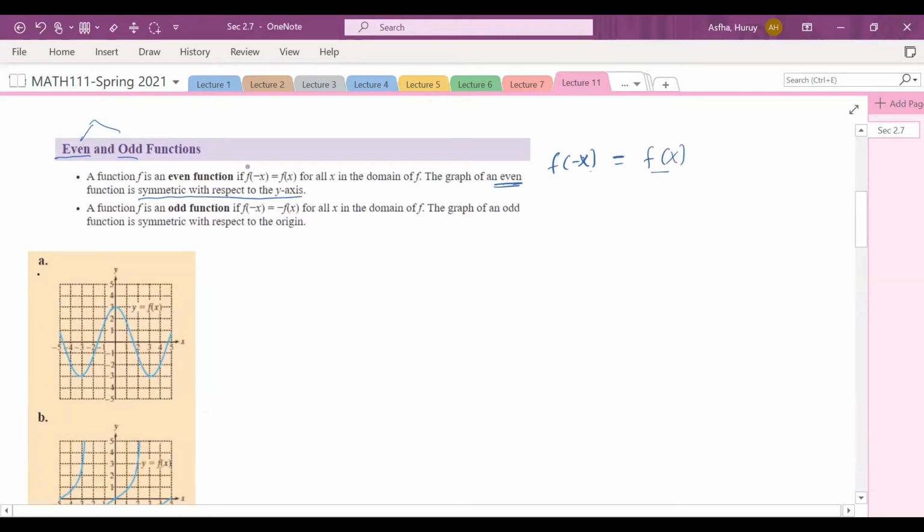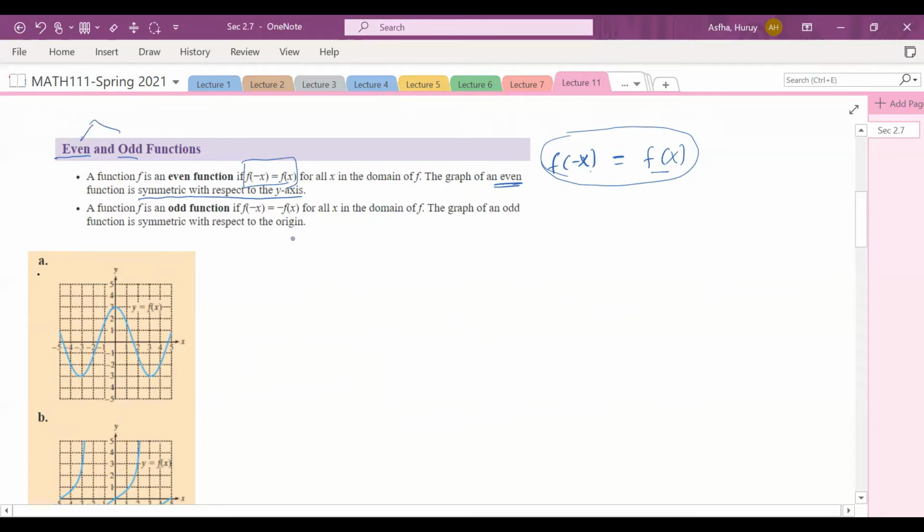So for an even function, the definition is for every x in the domain, if f of negative x is f of x, then that's an even function. From the symmetry properties above, this is the behavior of functions which are symmetric with respect to the y-axis. Therefore, every even function is symmetric with respect to the y-axis.